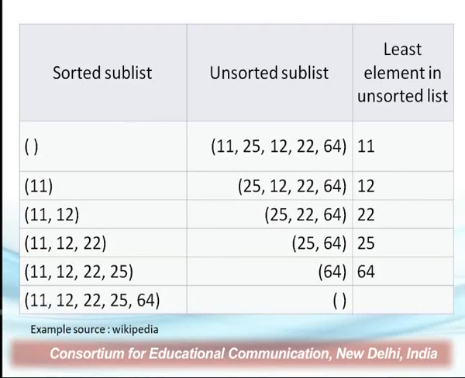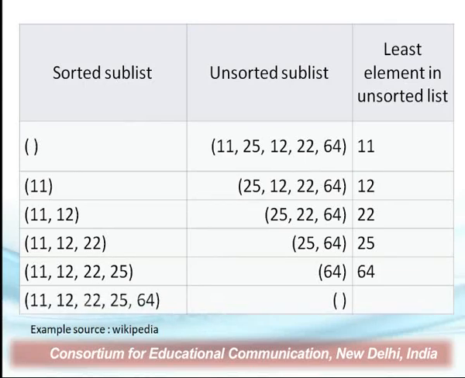Now the sorted sublist is 11 and 12, while 12 is deleted from the unsorted sublist. Now the unsorted sublist has only 3 elements: 25, 22 and 64.